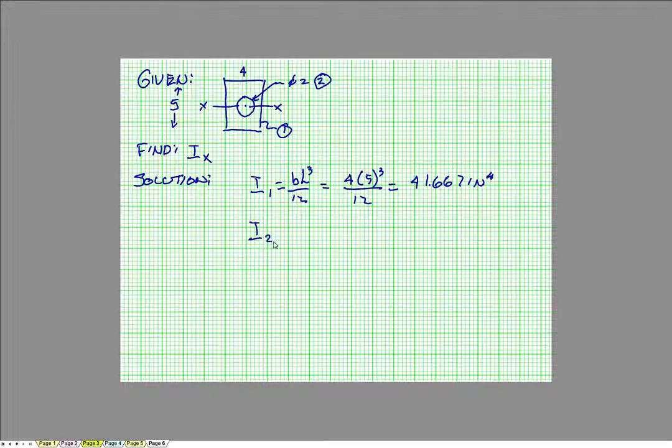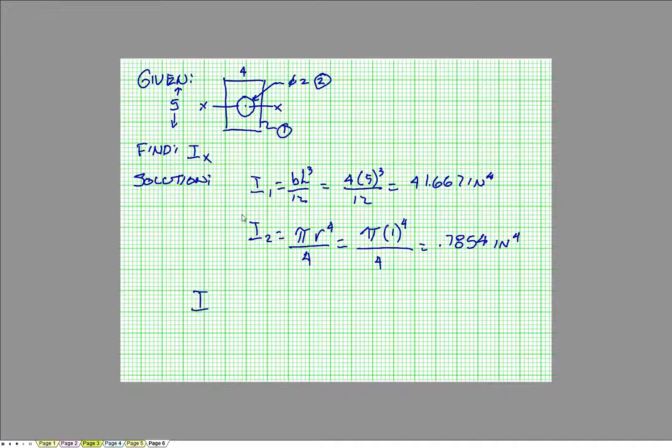Moment of inertia for shape 2, about its x, which actually would be the same as the y, is pi times the radius to the 4th over 4. And that equals pi times 1 over 4, which equals 0.7854 inches to the 4th.